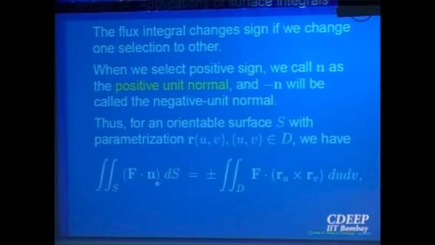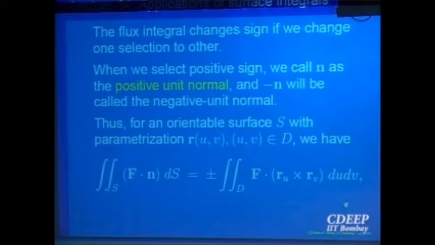So accordingly, F dot n dS, with the parameterization r(u,v), this surface integral, the flux integral of F dot n dS, will be plus or minus F dot r_u cross r_v, depending on the choice of your normal, positive or negative. Clear to everybody?